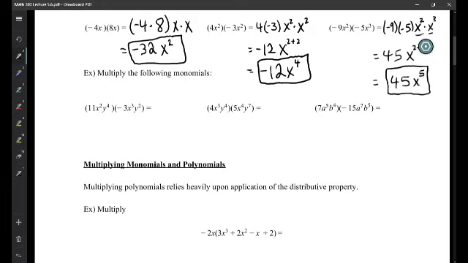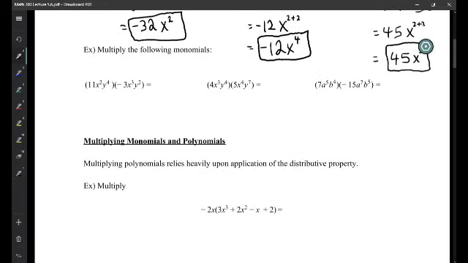Multiply the following monomials. And now we have multiple variables in each monomial. So first, multiply numerical factors together, like so. 11, and since we have a negative number here, we want to encase in parentheses. And then group like variable powers together with the commutative property.